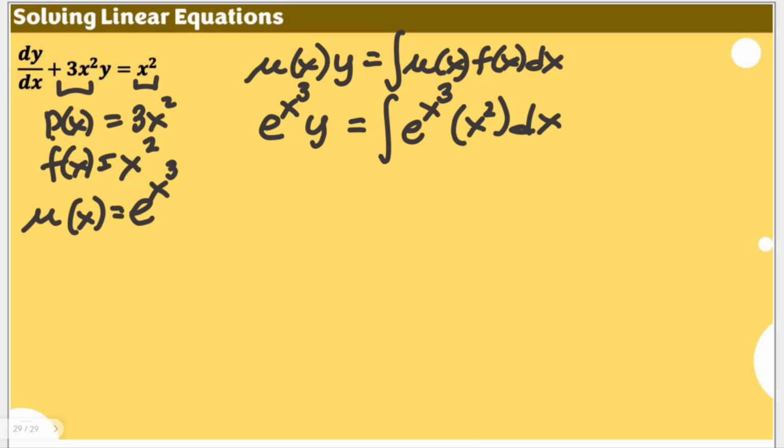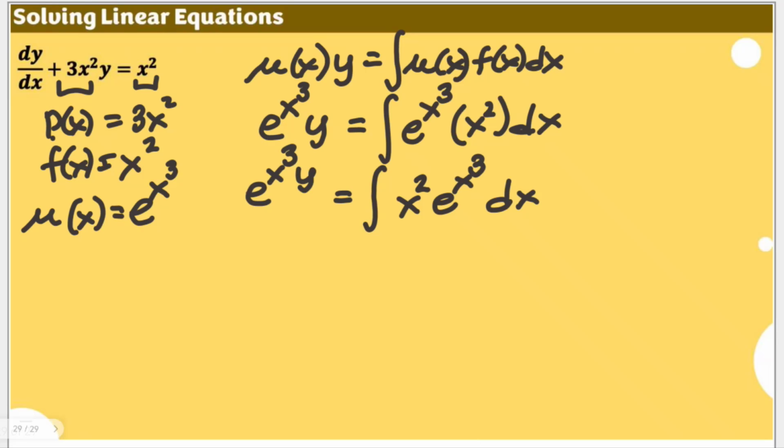So you will have this form, e to the power of x cubed y is equal to, we can start with x squared if you would like to, e to the power of x cubed dx. Okay?